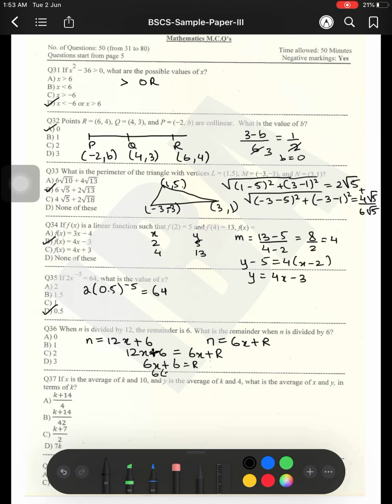So 6x plus 6 is equal to r. 6 times (x plus 1) is equal to r. So r is 0. So it's going to be A.